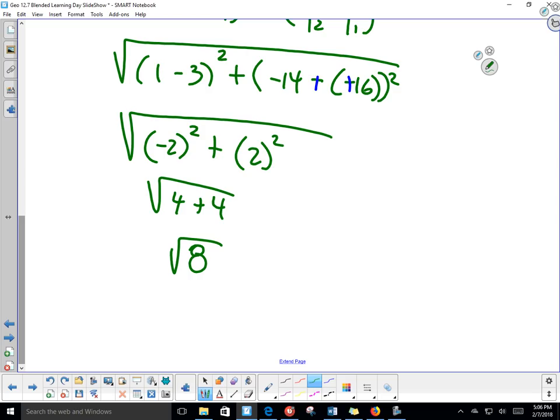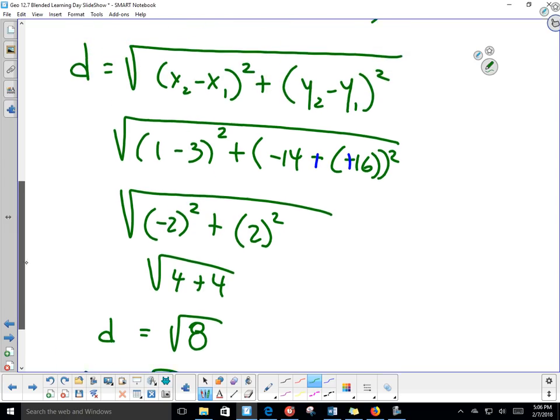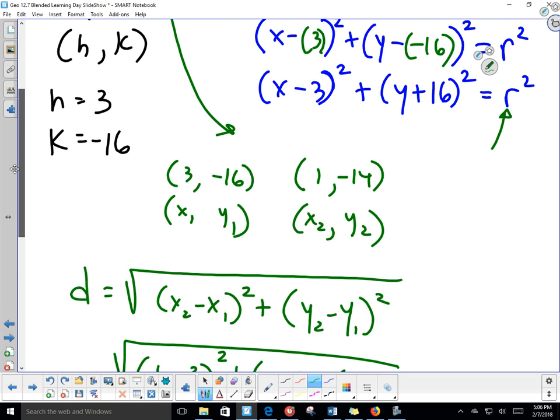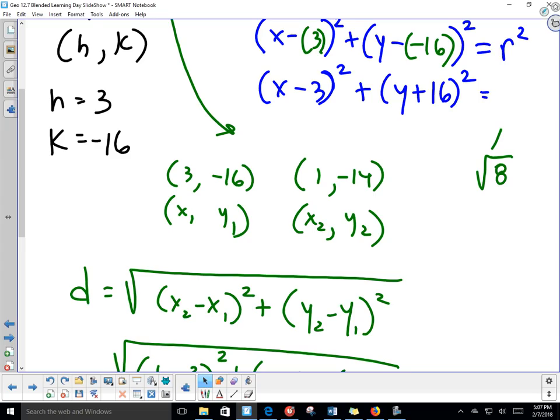All right, and so that means that's the distance between those 2 points, but that also means that square root of 8 must be our radius. So if the radius is square root of 8, we just need to plug that in for our r right here. So in goes square root of 8. So our equation is going to be x minus 3 quantity squared plus y plus 16 quantity squared equaling square root of 8 squared.